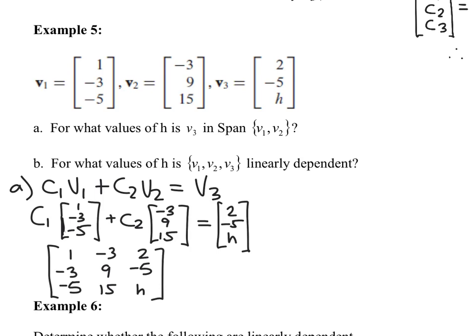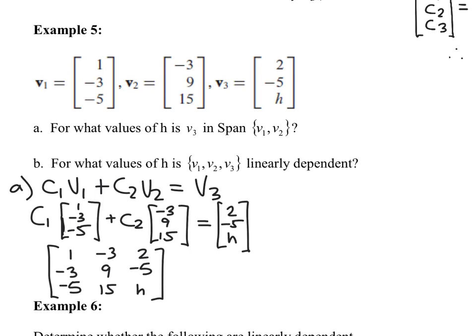Because we need a solution to exist in any capacity. It doesn't matter what the solution is as long as it exists, and V3 would be in the span of V1 and V2. So any kind of solution. But for B, in order for there to be linear dependence, the homogeneous solution has to not be the trivial case. So it's a different task, a different approach that we have to take. And unfortunately, not something that's overly calculator ready.